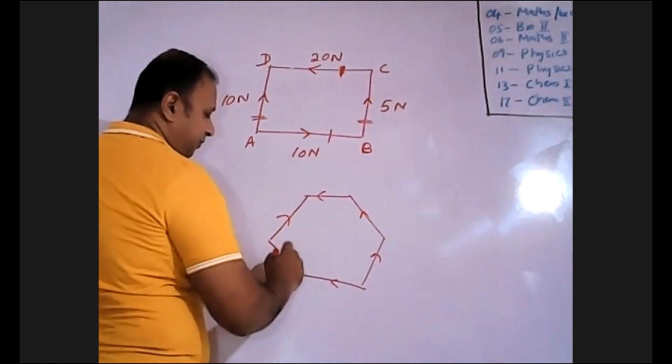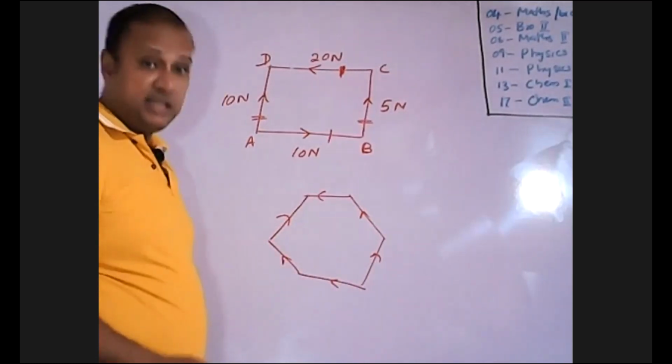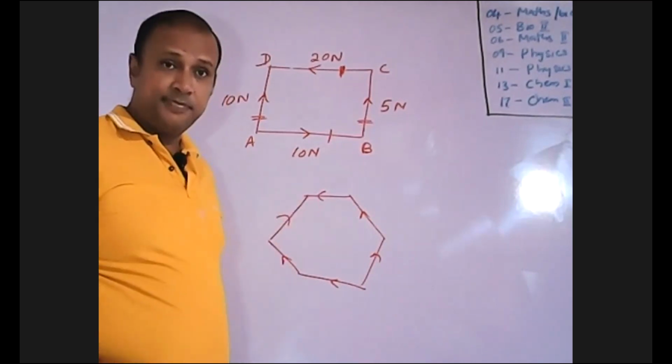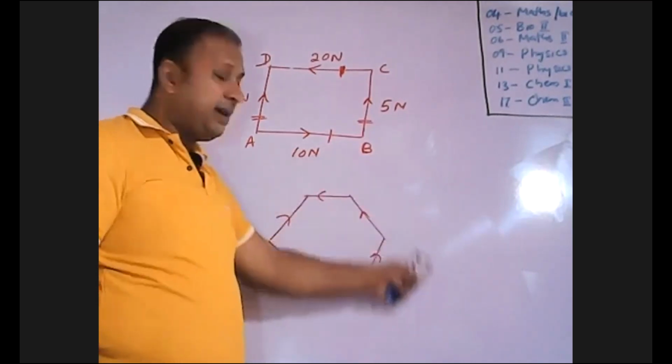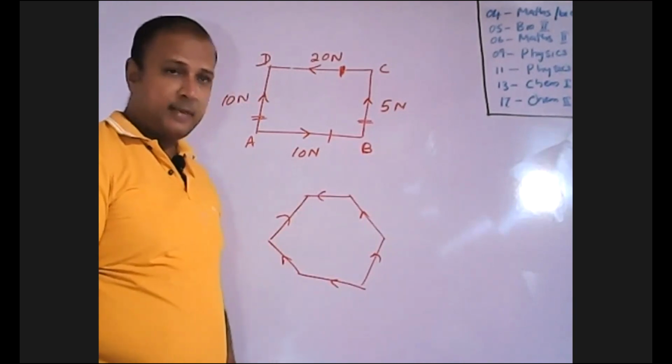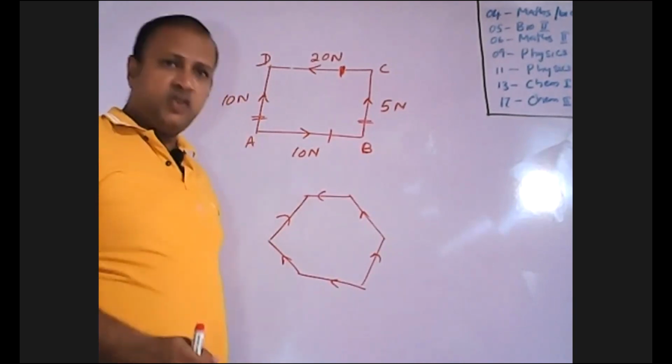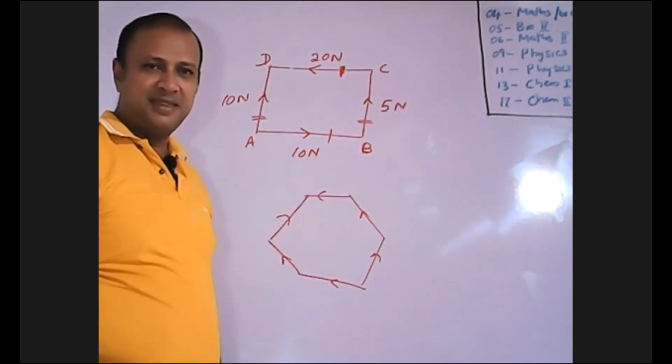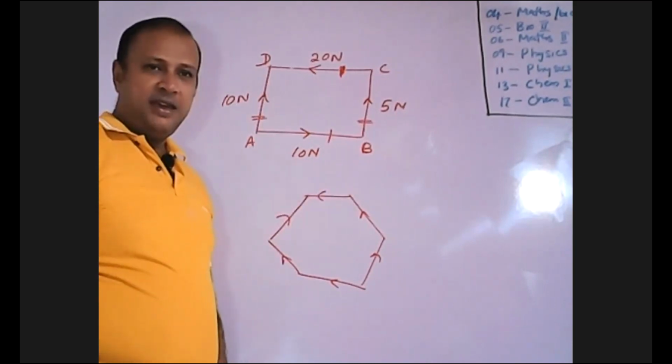Suppose you are given this kind of vector system. There are 6 vectors. Although there are 6 vectors, we can reduce these into 2. Okay.